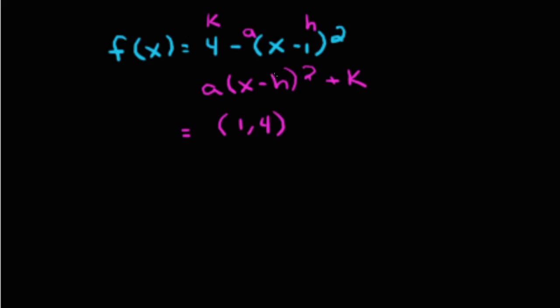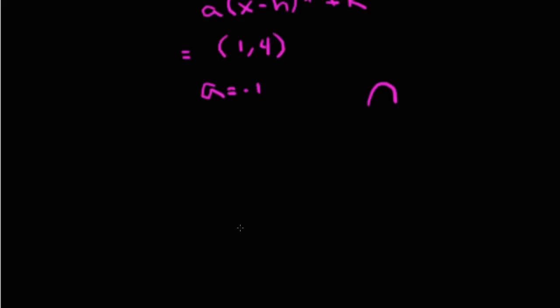Remember, because this is x minus h, if you have x minus 1, then that's going to be a positive 1. So your vertex is at 1 and 4, and our a is negative 1 because we have this negative out here. So that's going to be a maximum at the point 1 and 4.